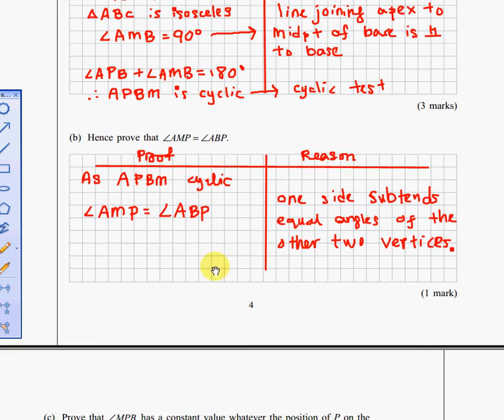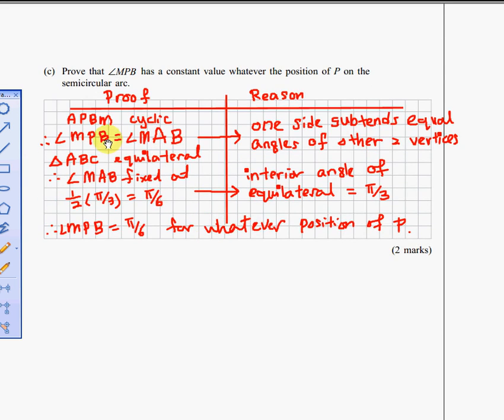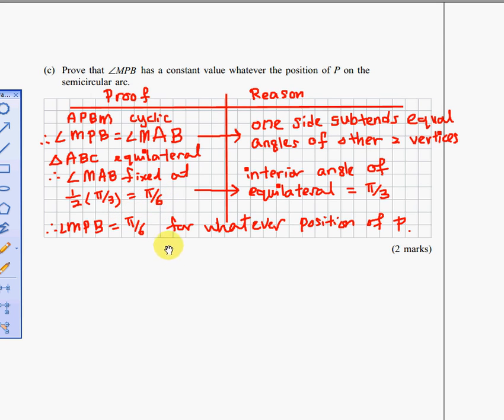And this particular theorem is used again in part C here, right? These two are the same because of this theorem, and because now the ABC is the equilateral triangle, therefore the angle MAB is fixed at, well, in fact we know exactly its value, and it is half of pi over 3, because the interior angle of an equilateral triangle is 60 degrees or pi over 3, and half of it will be pi over 6.